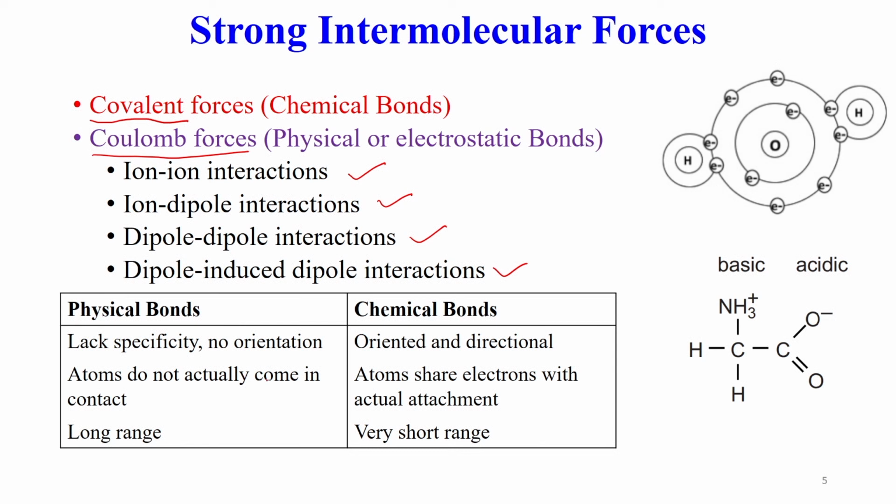Here atoms need not come directly into contact because they are long range forces. At the same time, they lack specificity and orientation because they are not closely attached to each other like the covalent bond. The orientation is not fixed for the physical interactions. So, we will start with the covalent bond first.